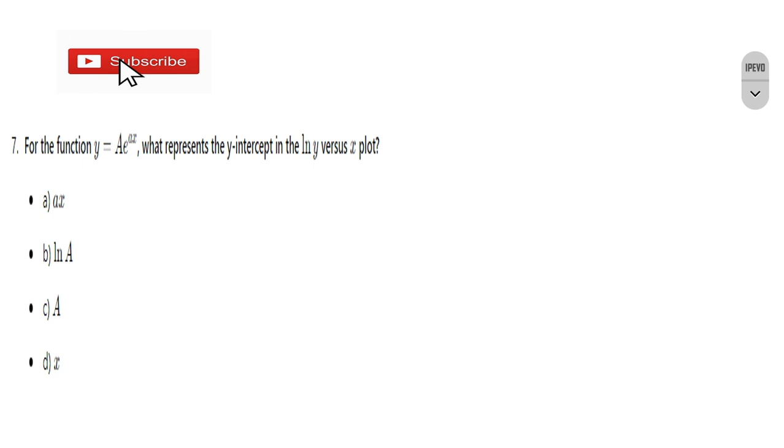Let me read the options here. A, ax, B, ln A, C, A, and D, x. So the correct option is B, ln A.